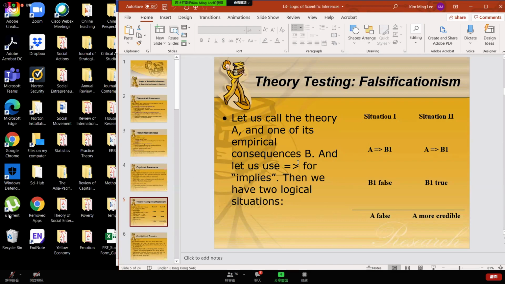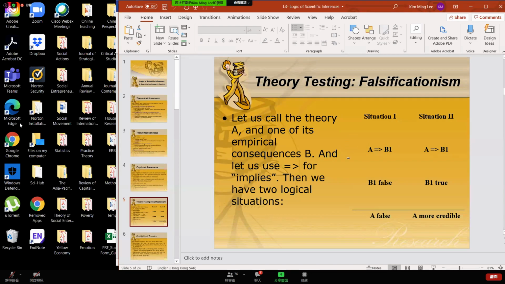So I state once again, in quantitative research, in deductive-oriented research, we are trying to reject theory, to prove theory to be wrong, to be false, instead of proving a theory is true, because it is impossible by the deductive logic. Okay?